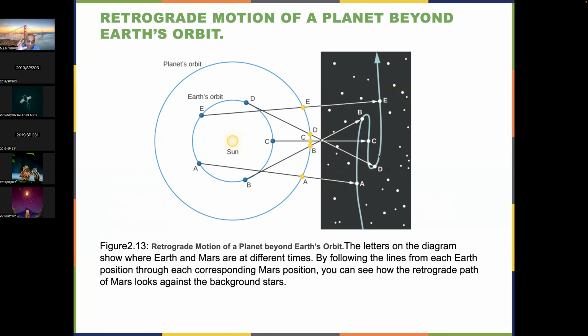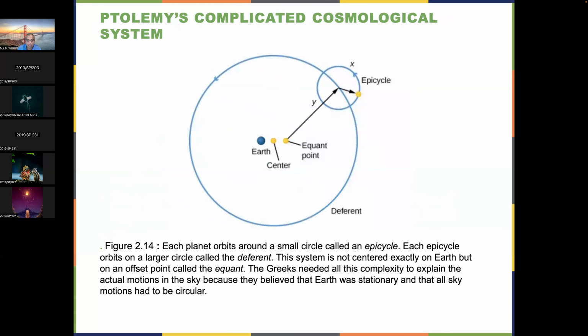Now, assuming that our Earth is at the center and everything is moving around us, astronomers could not explain this. Ptolemy had the same problem, and what happened was they came up with this model to explain it. So we are at the center and everything is moving around us like that. However, for each planet they put another circle. This is called an epicycle.